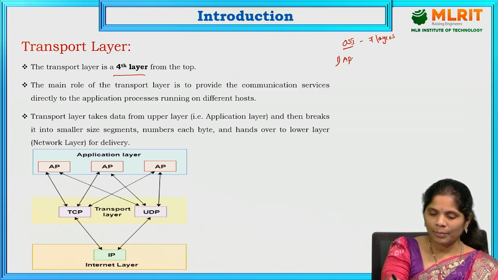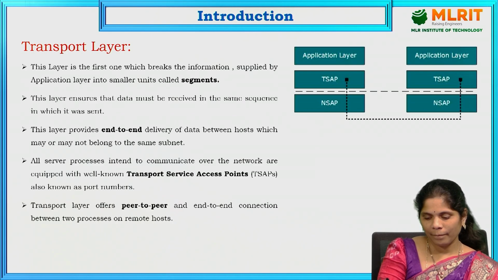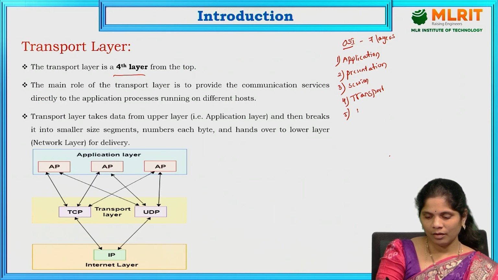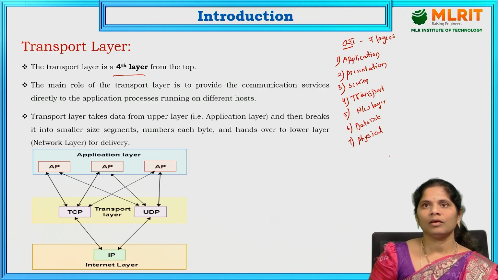The first layer is the application layer, the second is the presentation layer, the third is the session layer, the fourth is the transport layer, the fifth is the network layer, the sixth is the data link layer, and the seventh is the physical layer.